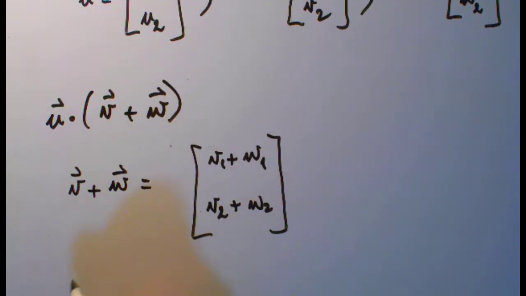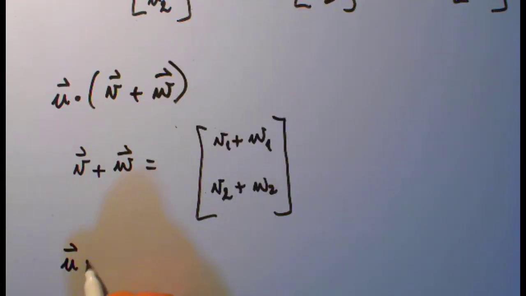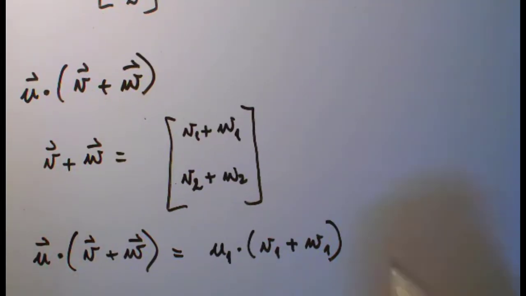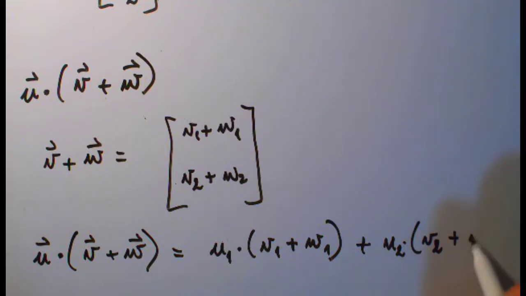So U dot (V plus W) turns out to equal U1 multiplied with (V1 plus W1), plus U2 times, and these are just the usual multiplications, times (V2 plus W2).